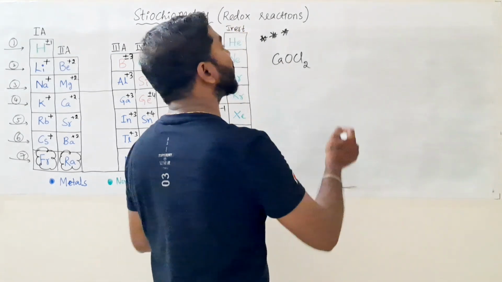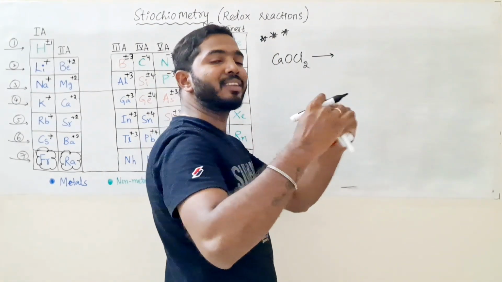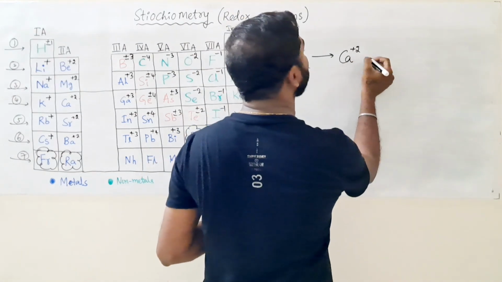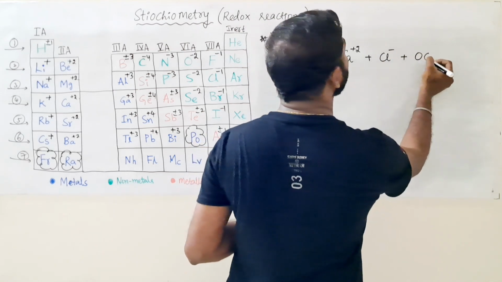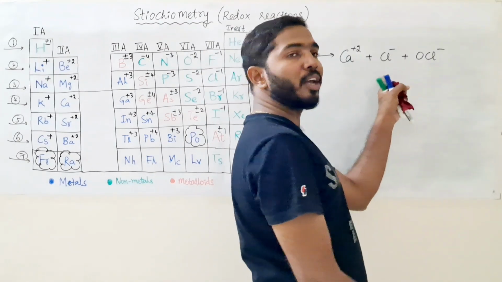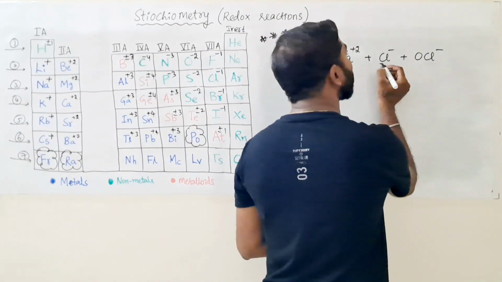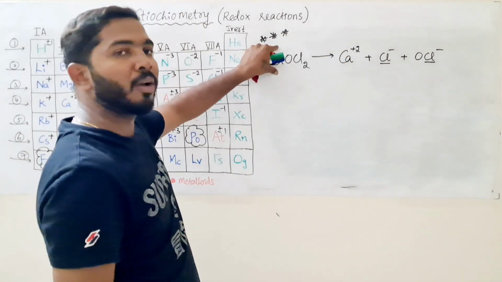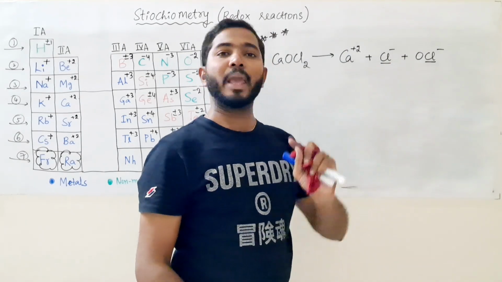And now actually this particular compound, if it gets dissociated, then we are going to get 3 particular ions, that is Ca plus 2, and then Cl minus, and then we are going to get OCl minus. Which is nothing but chloride ion and hypochlorite ion. Now individually the chlorine's oxidation number: in this particular compound, we are going to have 2 different oxidation numbers for the same chlorine.